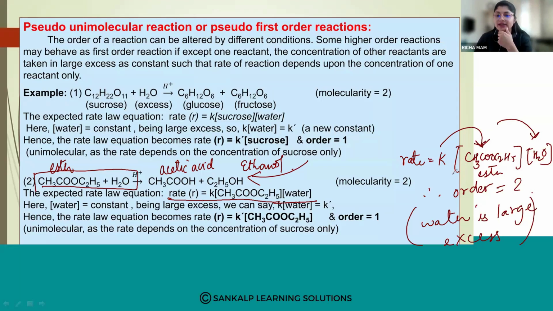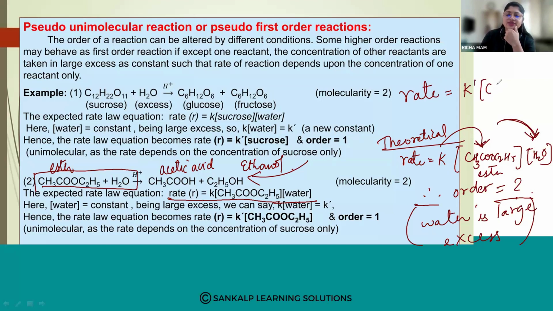So experimentally, what will be the rate equation? This is theoretical: there are two molecules involved in the reaction, so the order appears to be two. But water is taken in large excess, so it does not alter the reaction. Experimentally, the rate depends on the concentration of only ethyl acetate.